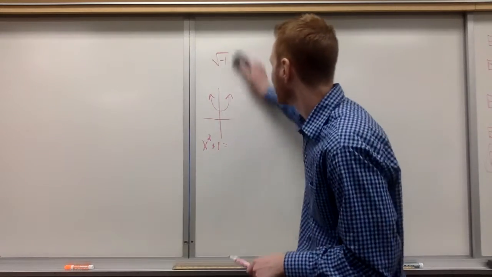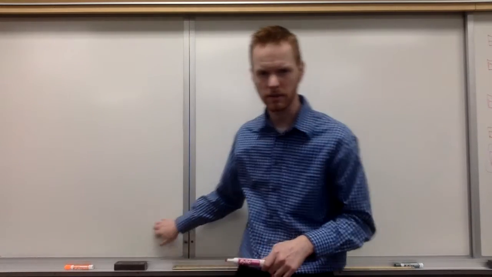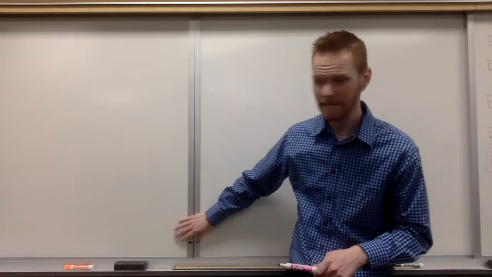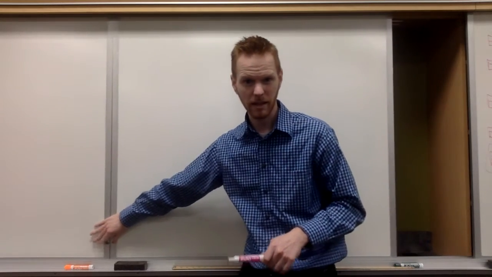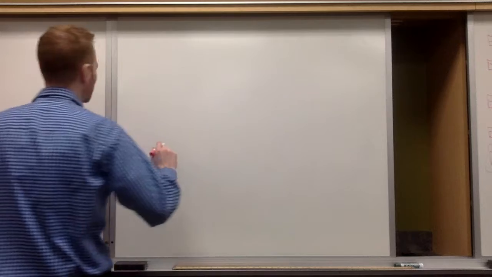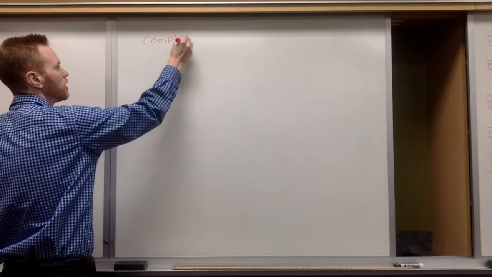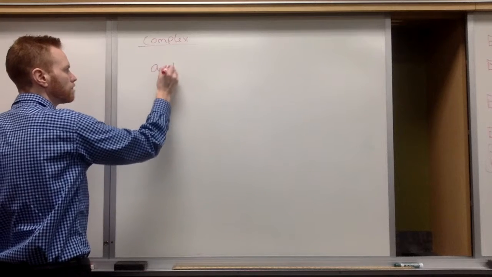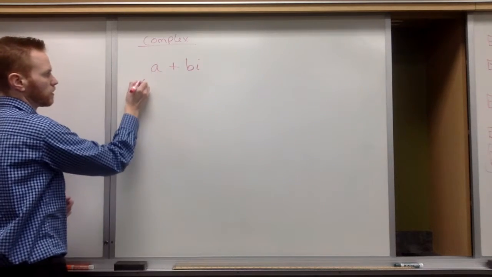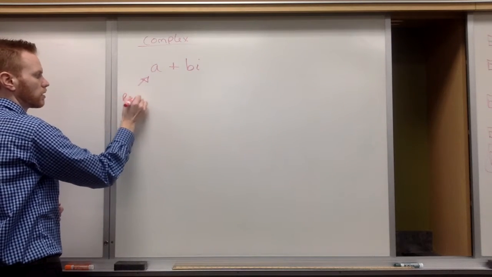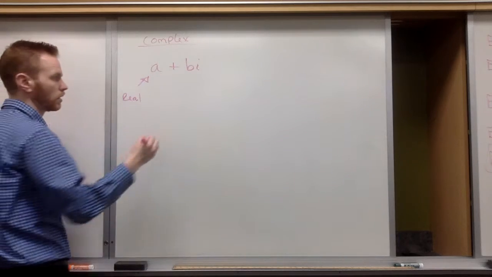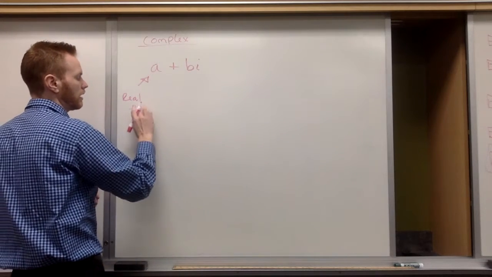A complex number, let me see, yeah, that looks good. Trying to gauge it off the video. Okay, a complex number is composed of a real component and an imaginary component. So the A part of this format is the real number, okay?